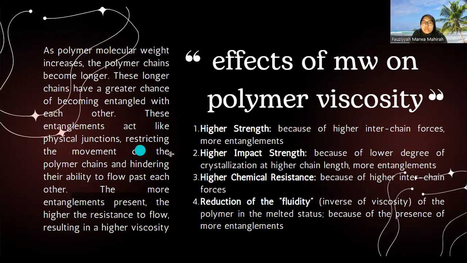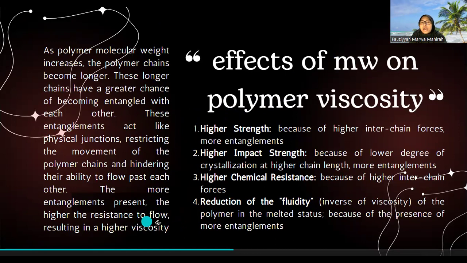This entanglement acts like a physical junction and restricts the movement, which makes it even stronger. And the more entanglement present, the higher the resistance to flow, resulting in a higher viscosity.